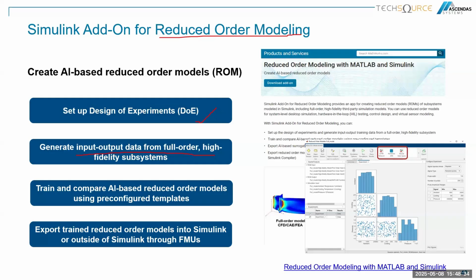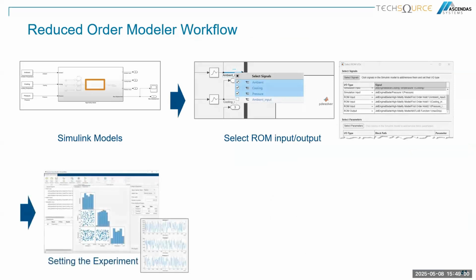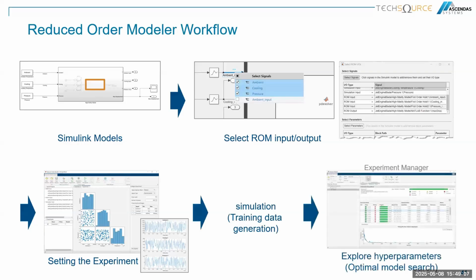You can export this ROM to Simulink, or export it as an FMU to use in third party tools. So how is it used? We have Simulink models. You can select the ROM input and output here, set the DOE, the design of experiments, then do the simulation and the hyperparameter tuning here.